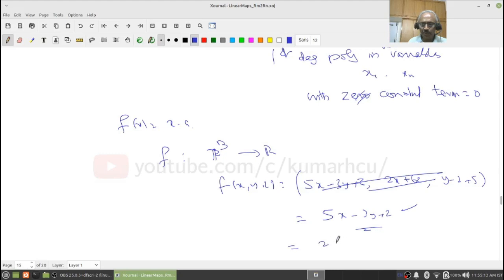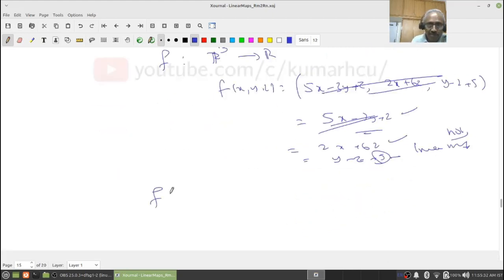If I give 2x plus 6z, I know this is a linear map. But if I say f of x, y, z equal to y minus z plus 5, this is not a linear map. Why? It's a first degree polynomial in x, y, z, but the constant term is 5.